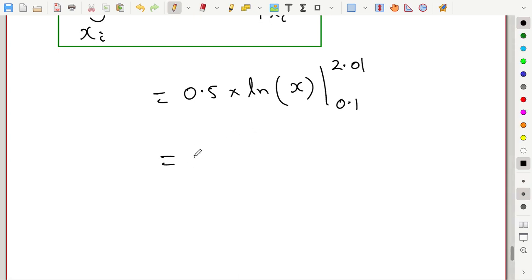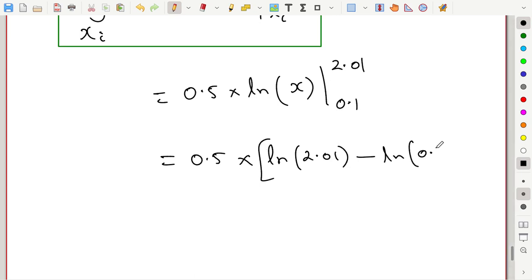So this is 0.5 into ln of the upper limit, 2.01, minus the lower limit, 0.1.